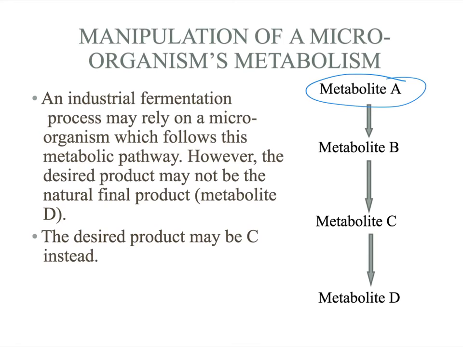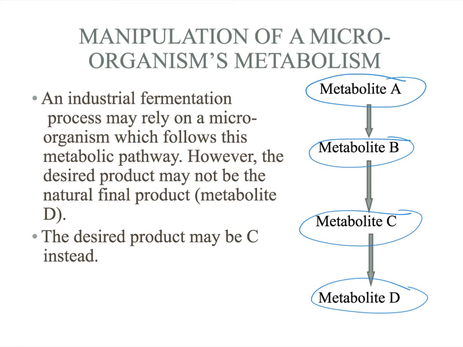It goes from some metabolic substrate A, which gets broken down by enzymes to B, then more enzymes to C, and more enzymes to D. But the thing is that you want this desired product here. You're not really all that interested in producing lots of metabolite D; it's this here that you want to produce.